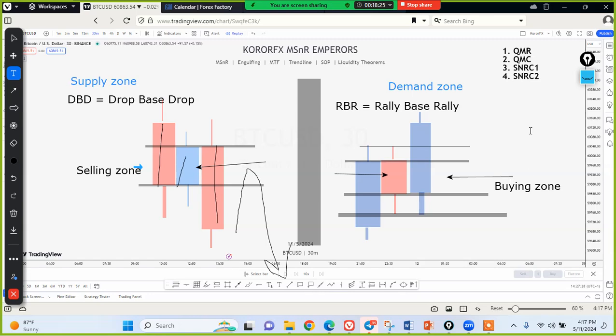I hope that you have understood exactly what supply and demand is. So what are these supply and demand zones? They are called reversal setups in lower time frames.